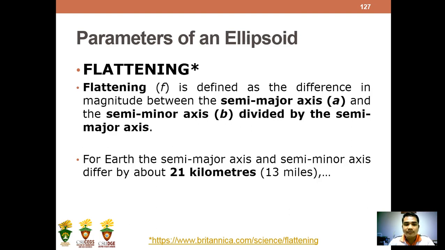For Earth, the semi-major axis and the semi-minor axis differ by about 21 kilometers, or 13 miles. So for the Earth's ellipse parameters, the semi-major axis minus the semi-minor axis is around 21 kilometers or 13 miles.